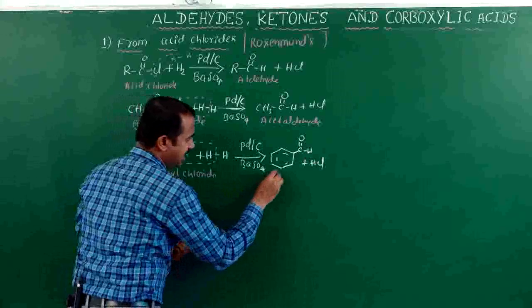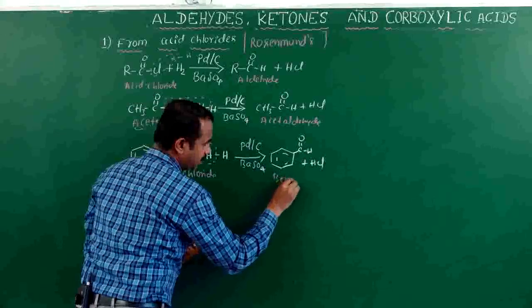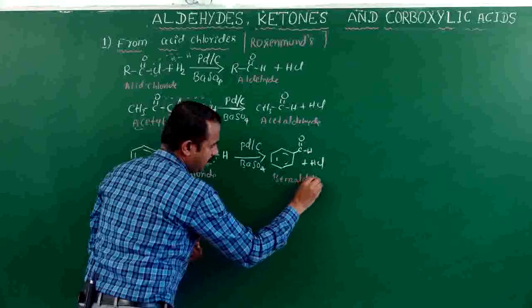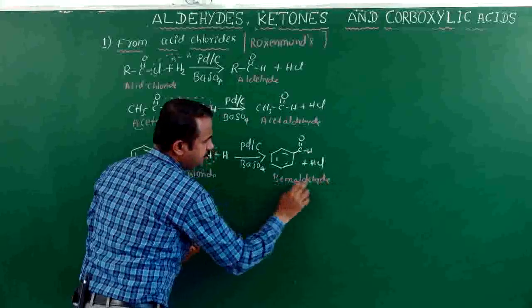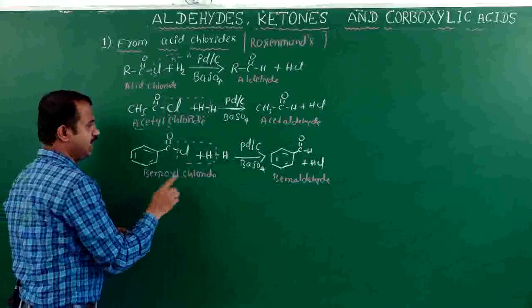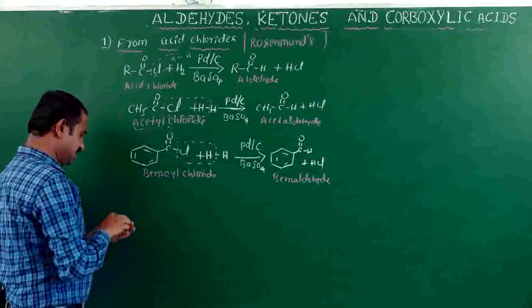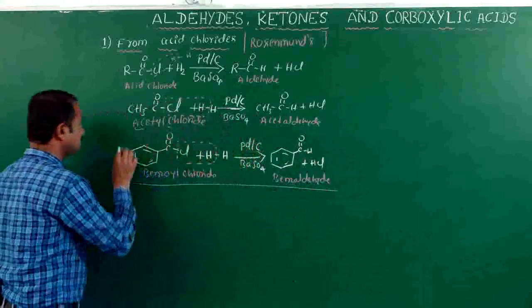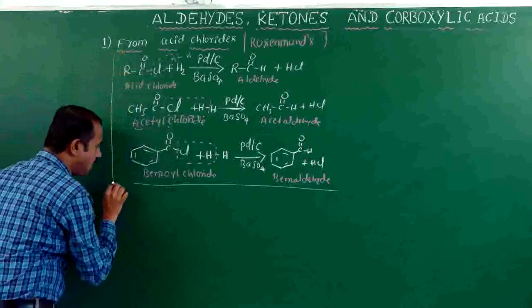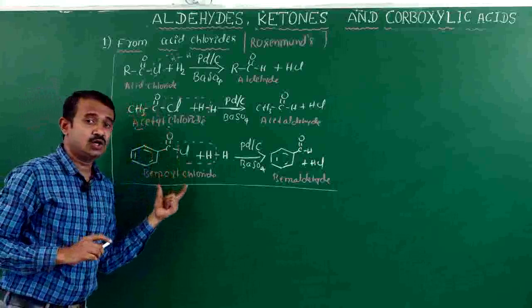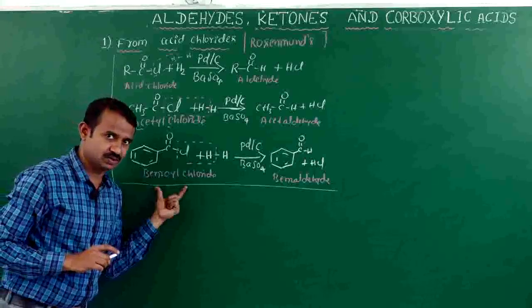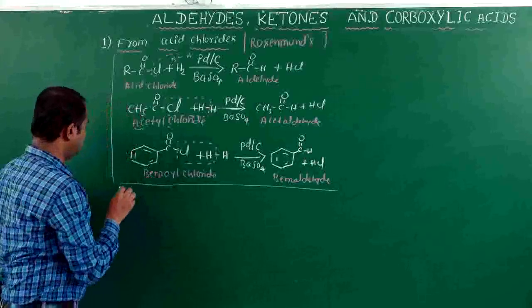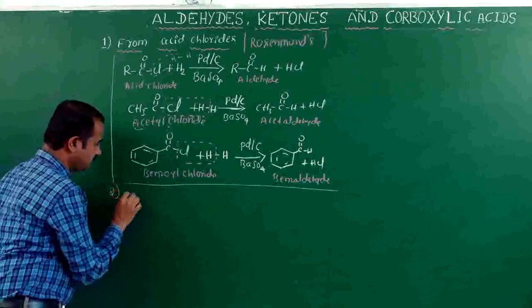The name is benzaldehyde. Okay, the name is benzaldehyde. This is one of the important reactions of Rosenmund reaction. Explain Rosenmund's reaction.